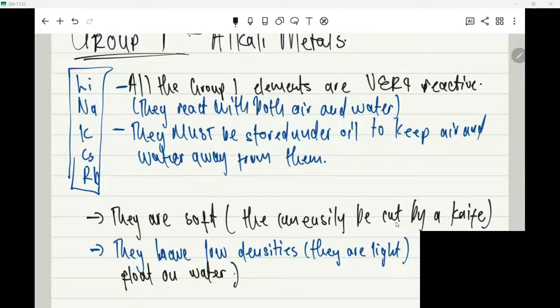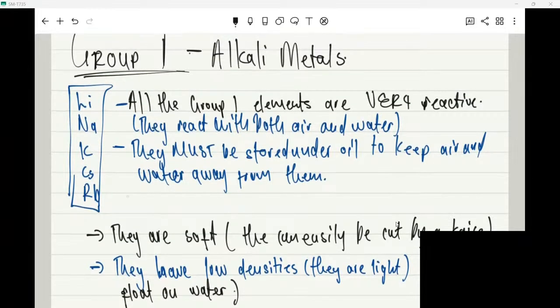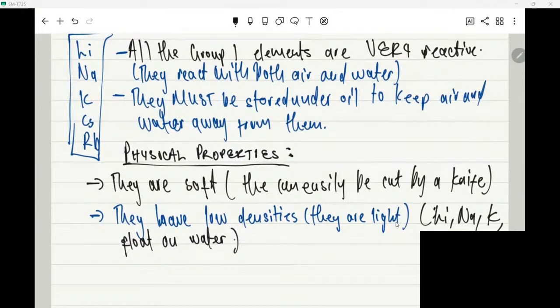Have you put this? These are physical properties that I've been giving you. I'll tell you one more chemical property which I mentioned but didn't make you write. So physically, they are soft and they have low densities.